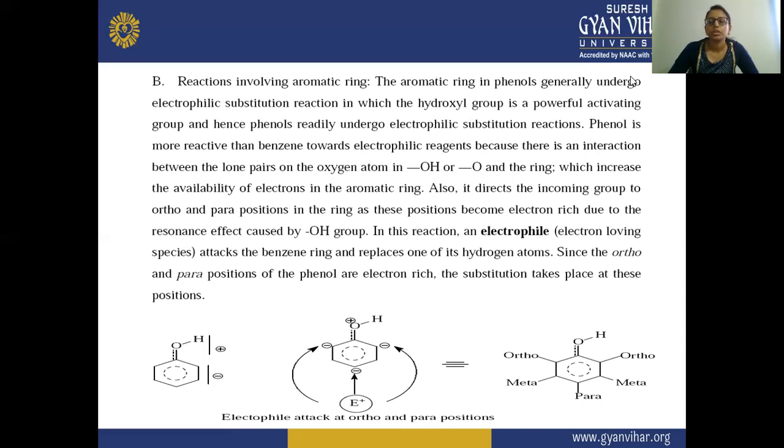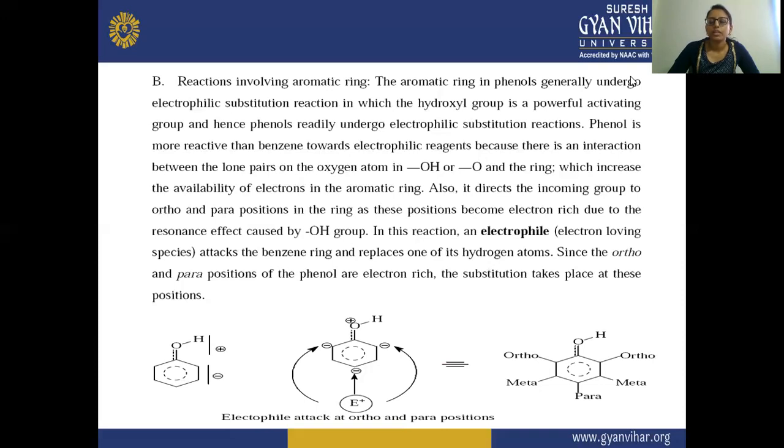So here the substitution is mainly taking place at this position. You can see in this structure that the OH group has a positive charge, and the dotted circle in the benzene ring shows that there is resonance in the benzene ring, and it is showing a negative charge.